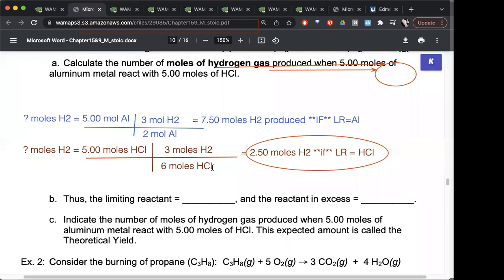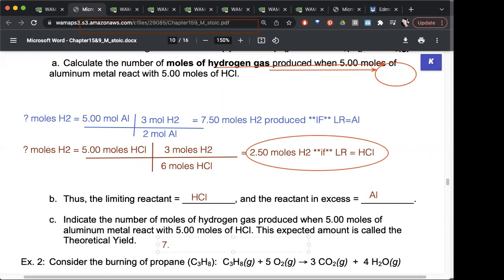That means the limiting reactant is the HCl, and the amount excess will be aluminum. There are going to be little chunks of metal left over, and then indicate the number of moles hydrogen gas produced in this reaction. This is the theoretical yield. We already calculated that.